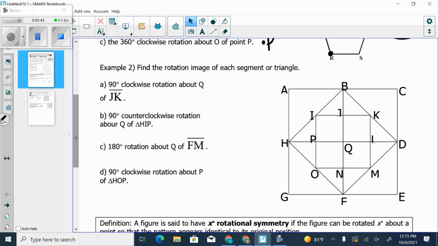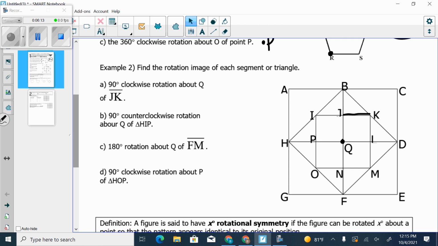Okay, so it says first on A to go 90 degrees clockwise and rotate about the point Q of JK. So my point Q is right here in the middle, right? So I am rotating about the center of this shape. Okay, so JK is this piece right here. Okay, and it's part of this square.